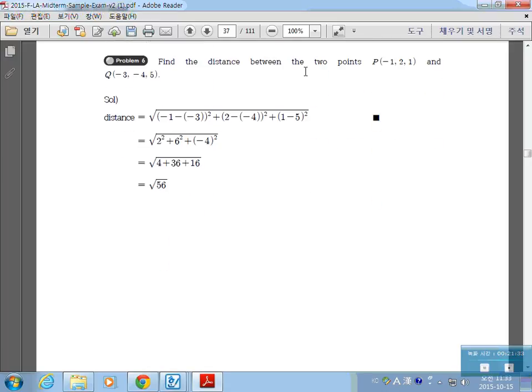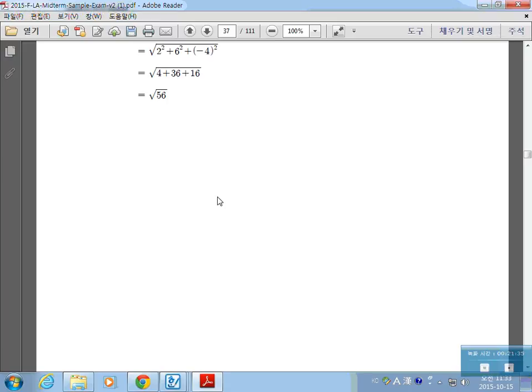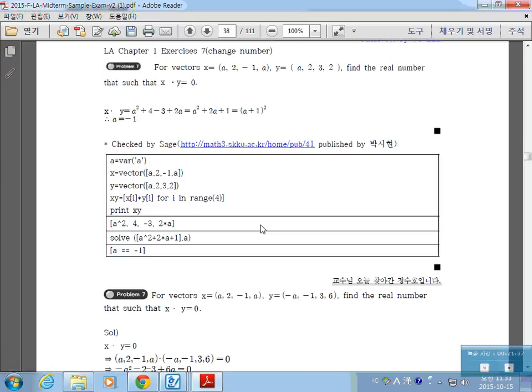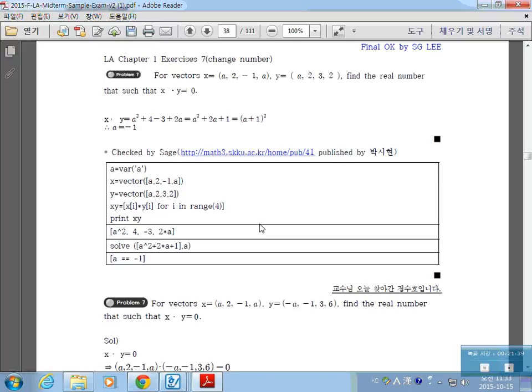And the distance between two vectors can be found by definition. And finding the inner product equal to 0, we can say those two vectors are orthogonal. What's the value of A that makes these two vectors orthogonal?